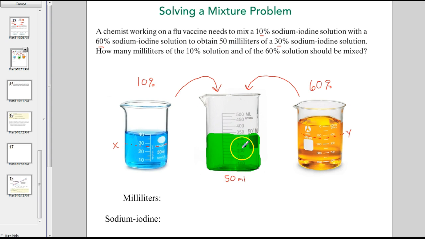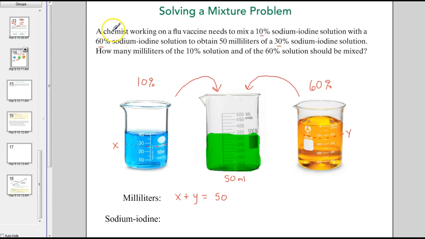So don't look at the numbers on the cup. What we know so far is X plus Y, when I combine these two amounts together, has to add up to 50 milliliters. So the milliliter equation is just X plus Y equals 50.